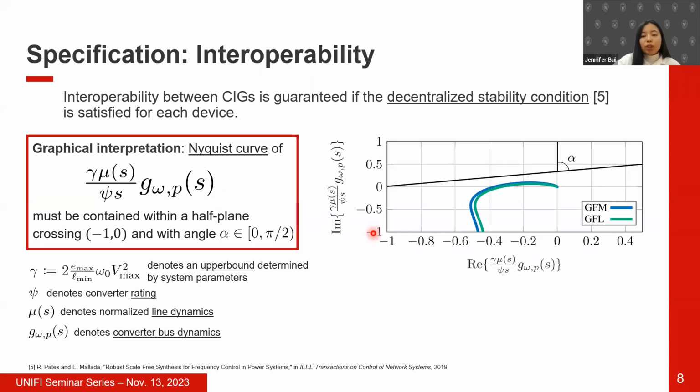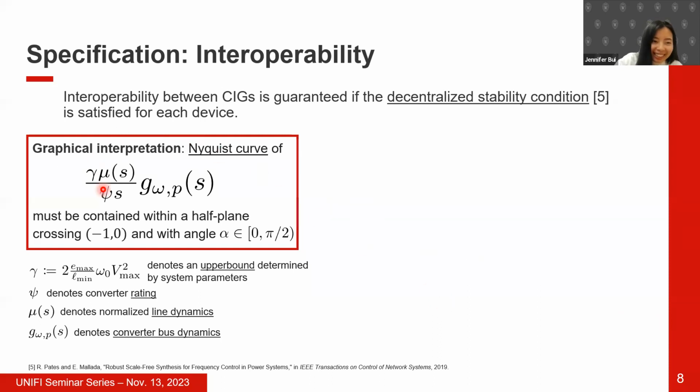So using this transfer function, we look at the Nyquist curve of this transfer function, and if the Nyquist curve is contained within a half plane crossing -1 and 0 with the angle alpha, then the converter passes the decentralized stability condition.